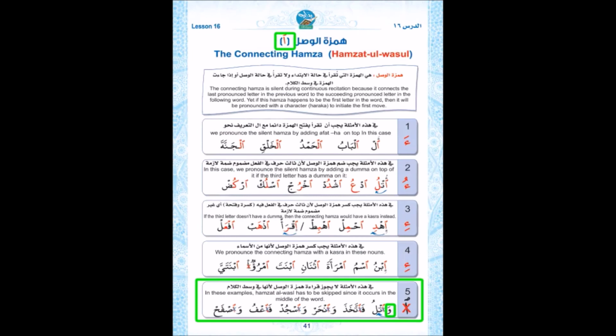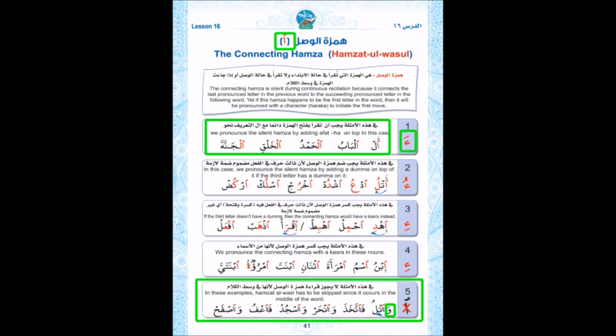And then we go through the different cases for Hamzatul Wasl. For example, when it's used with the Lam Ta'rif, we read it with a Fatha. You can see all of these will be read with a fatha.